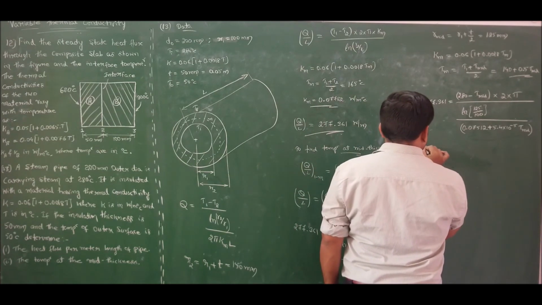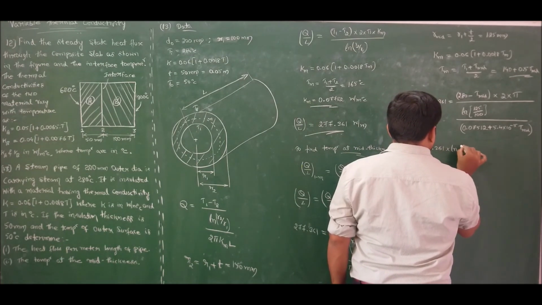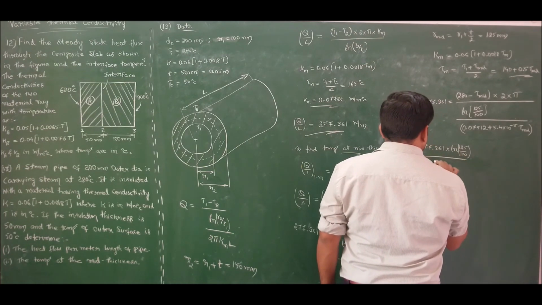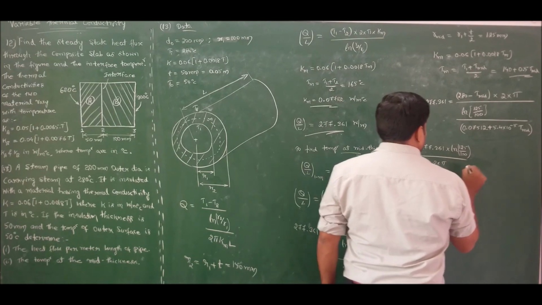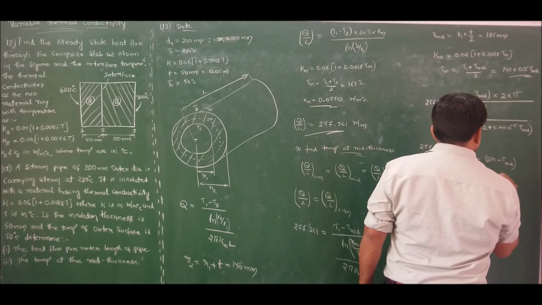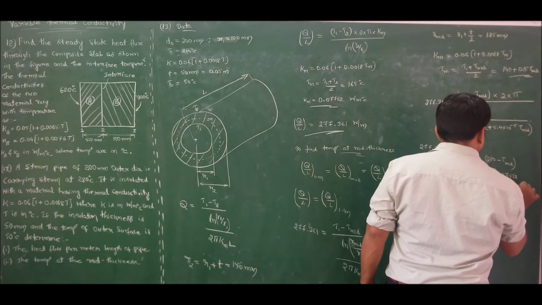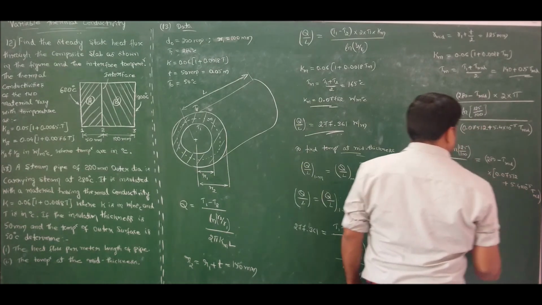That is 277.361 into ln of 125 by 100 divided by 2 into pi. This must be equal to 280 minus T mid times 0.07512 plus 5.4 into 10 to the power of minus 5 T mid.